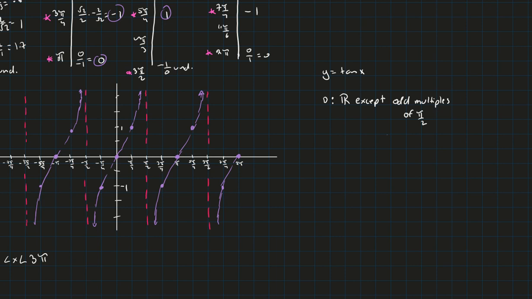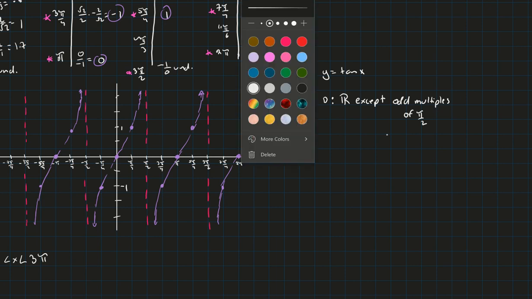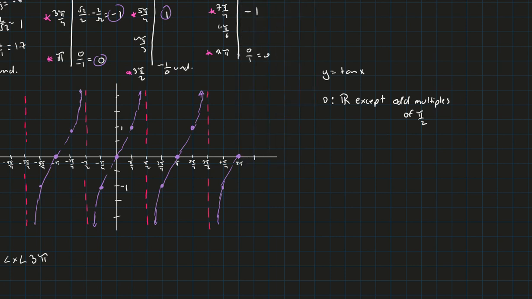So if I were to just kind of stretch this out over here, so this is going to be 4 pi over 2, which is 8 pi over 4. What am I thinking? And then this is going to be 5 pi over 2 right over here. And wait, something isn't right.